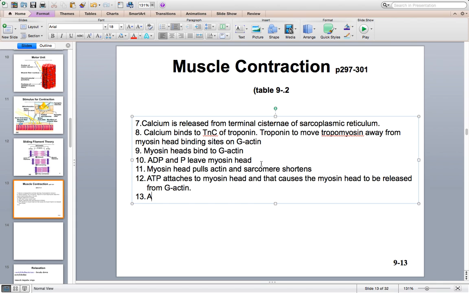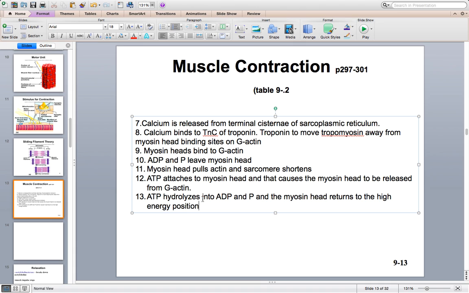And now the ATP breaks down into ADP and the phosphate group, and the myosin head returns to the high energy position.